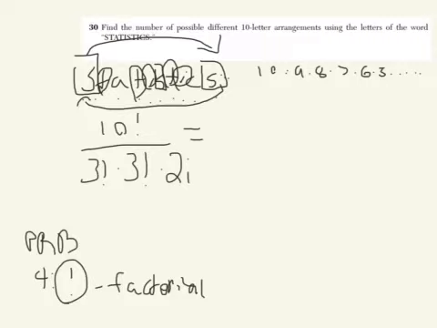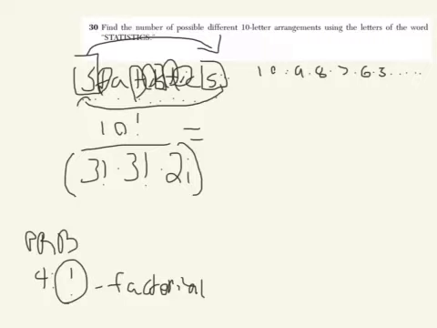But first you have to press the number, so you press 10, go to the math, go left, then press 4 in the probability menu for the factorial, and you divide that all by 3 factorial times 3 factorial times 2 factorial. But remember to put these into parentheses, so it does that first and then divides the 10 factorial by all of that. Otherwise, you'll get a wrong answer.